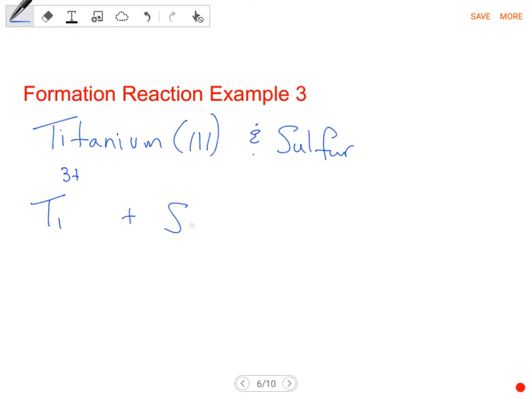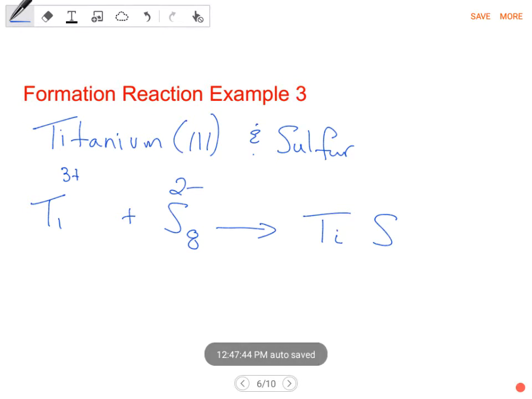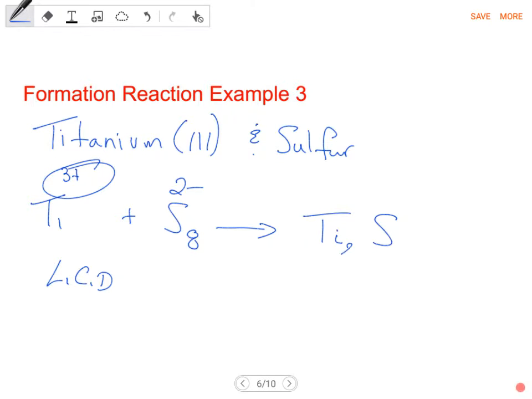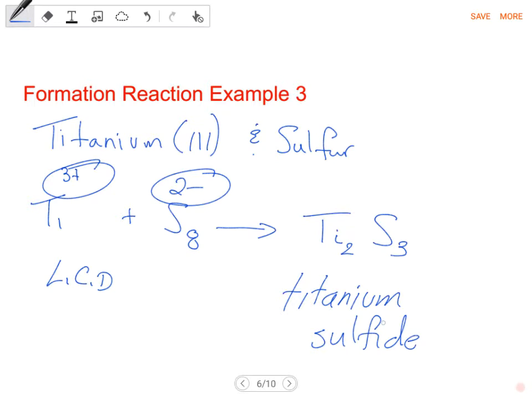Sulfur, when it's by itself, has an 8 with it. And the charge of sulfur is 2 minus. So we have TiS. This is lowest common denominator again. We're going to need 2 of those and 3 of these. So your final compound is titanium sulfide. Hopefully this is becoming a little bit more clear for you now. Fairly straightforward and simple. You just got to get those balances together. This is ionic bonding.